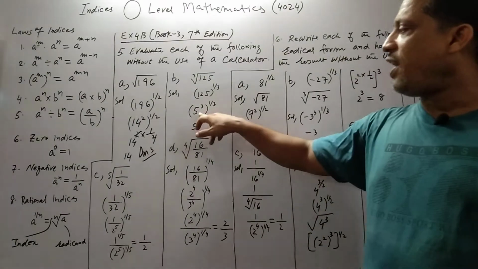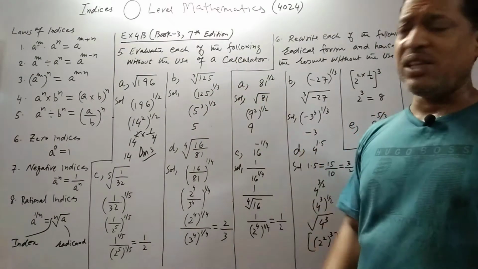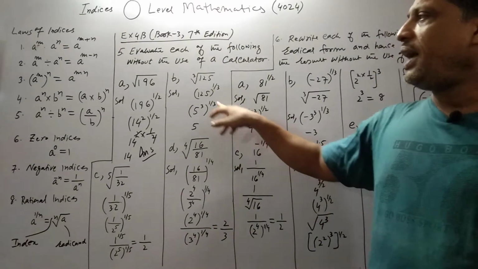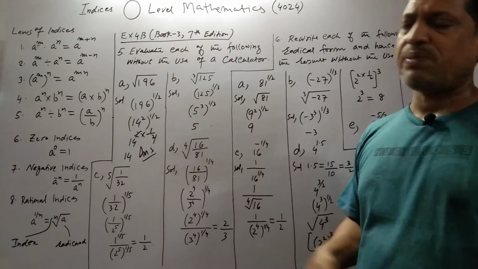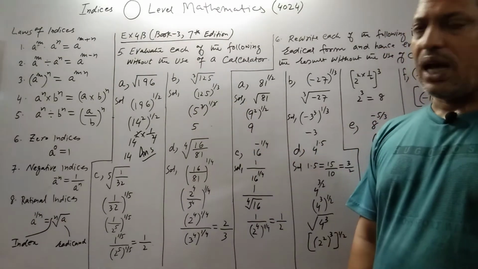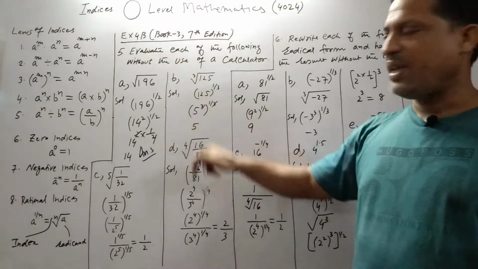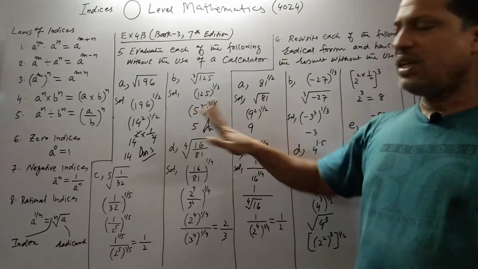So we have to write 5 to the power 3, and this 1 upon 3 is still 1 upon 3, and apply the third law of indices. Power to the power is always multiply. Therefore, we can cancel this 3 by 3. The answer is 5 to the power 1, which means 5. So the cube root of 125 is 5.